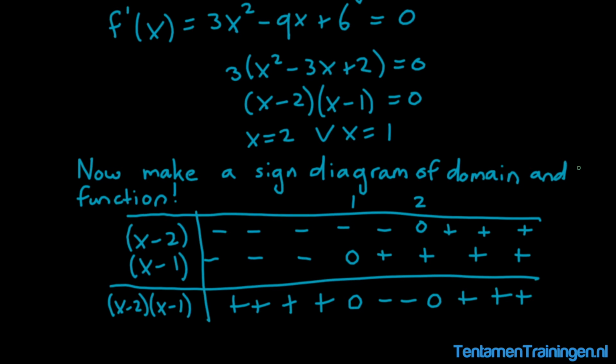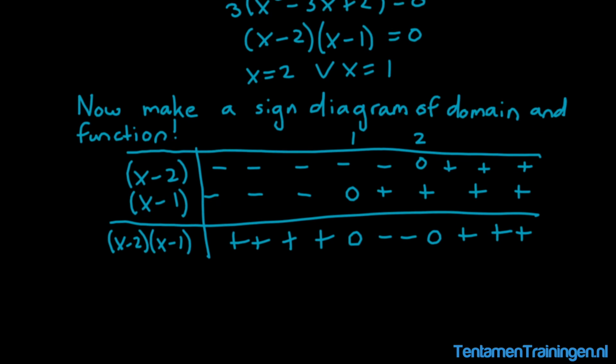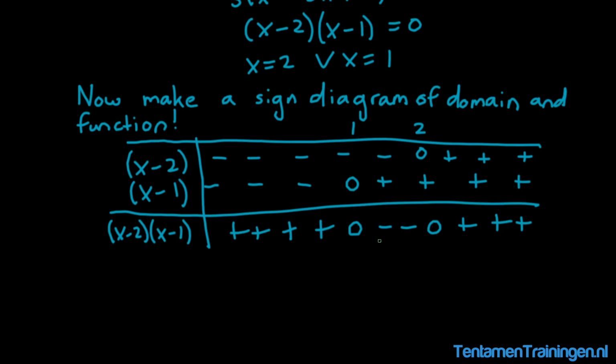Okay, so what can we see here? We see that from this plus and minus sign around the 0 at the stationary point, the function is ascending and then it goes down again. So when something goes up first and then goes down, we know that there's a maximum in between.